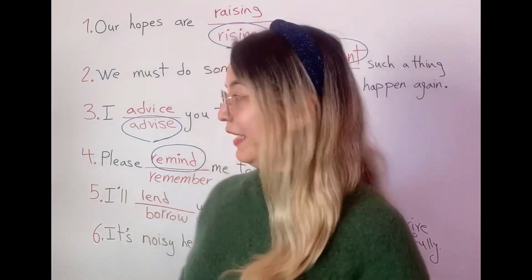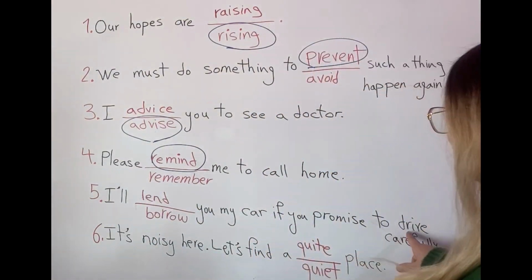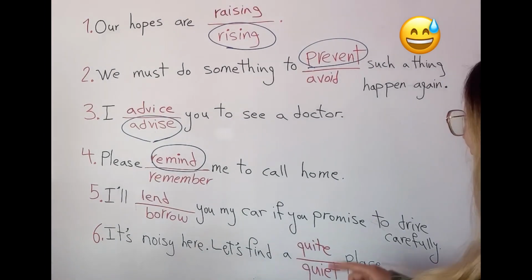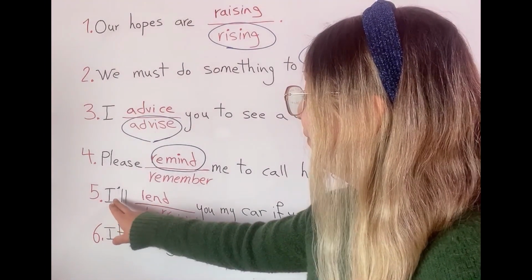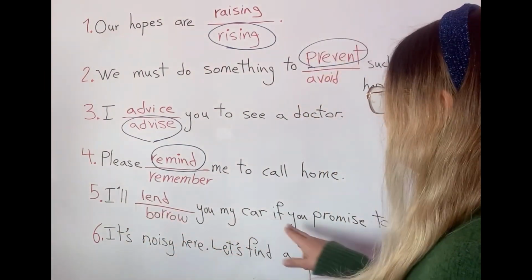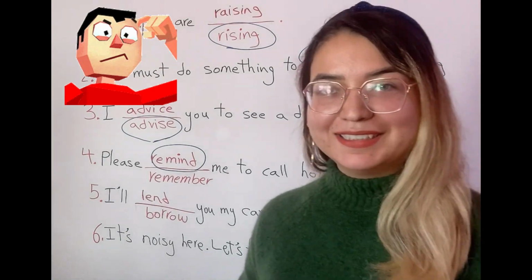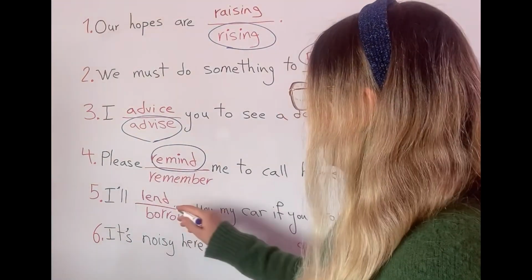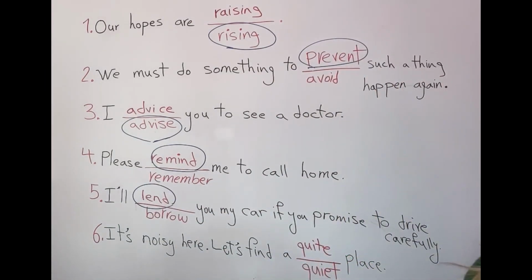Number 5, do we say, I'll lend you my car if you promise to drive carefully? My sentence is a little bit long. And or I'll borrow you my car if you promise to drive carefully. Which one is the answer? Yes, I'll lend you my car if you promise to drive carefully.